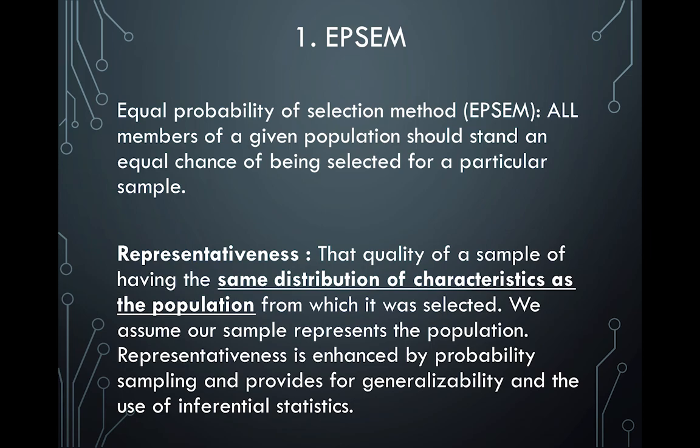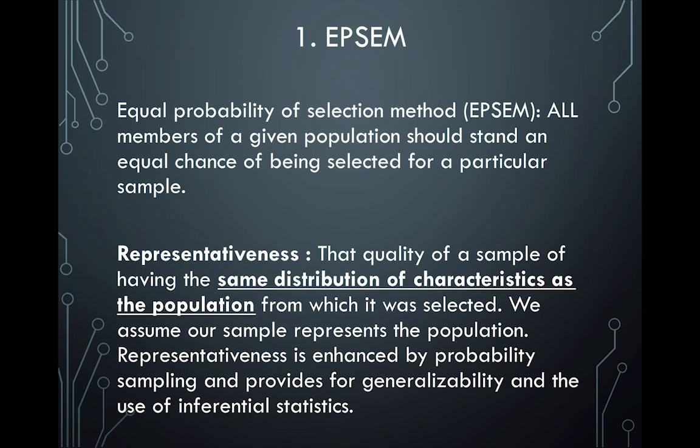And here, representativeness, that quality of a sample of having the same distribution of characteristics as the population from which it was selected. This is where we get into the normal curve and all that. We don't want to get too complicated here. Just the idea of representativeness is an important one.